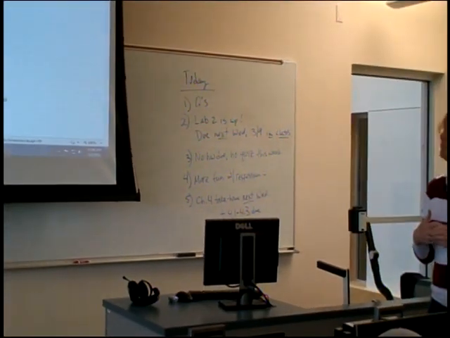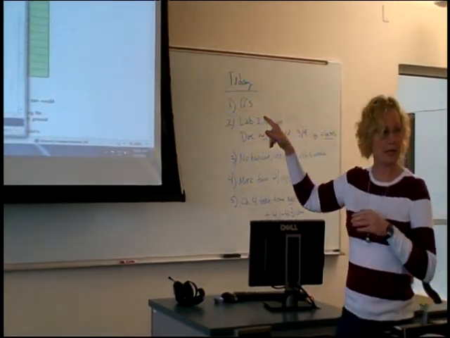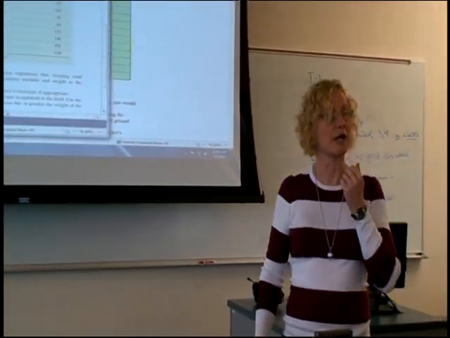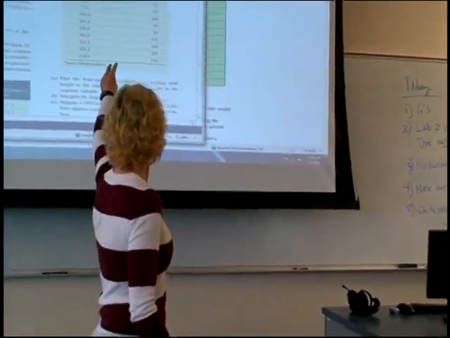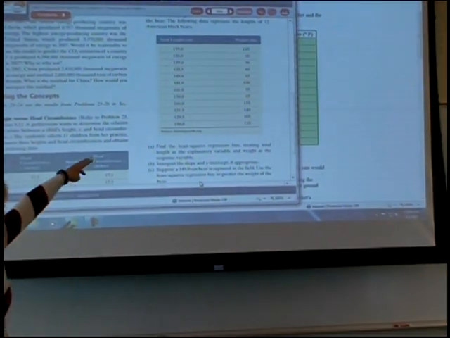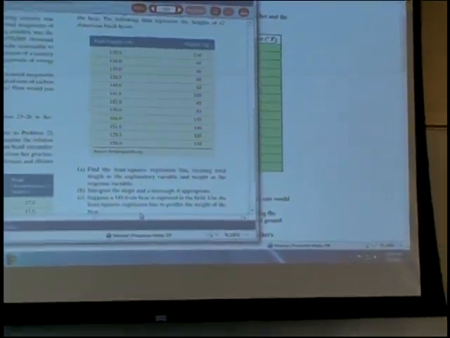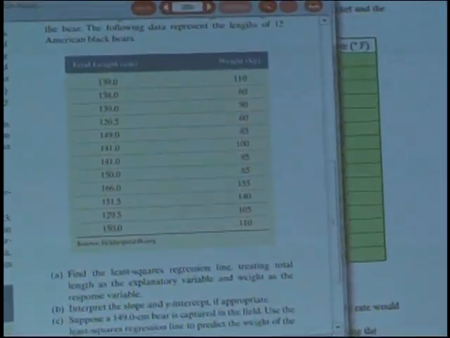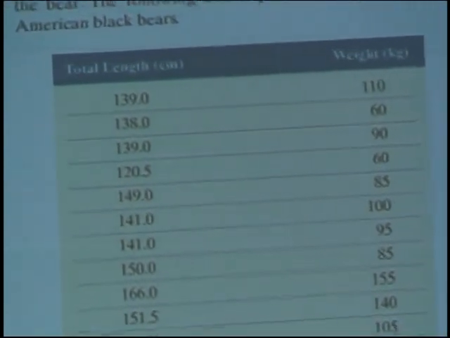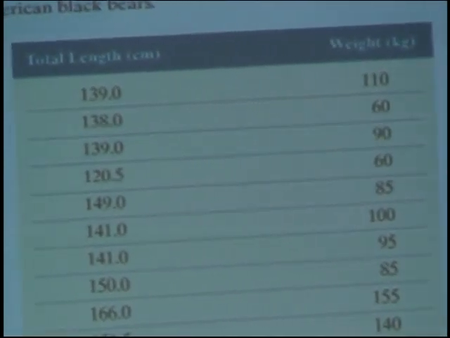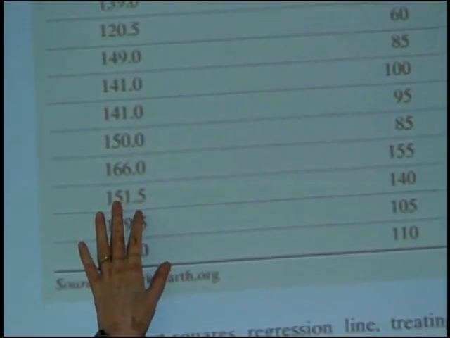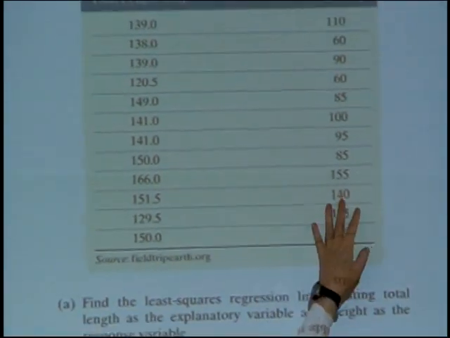Okay, so last time we were working with the bear data. If you don't have the bear data in your calculator, you're going to want the total length in one list, the weight in another. So let's do a little recap. We ultimately want to use the length of the bear to estimate how much that bear would weigh.